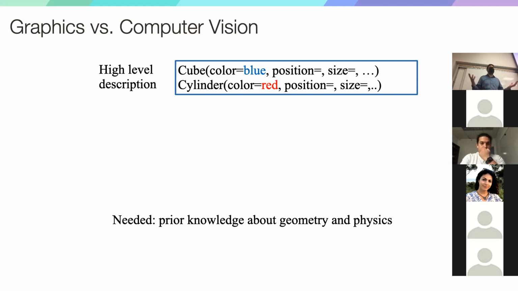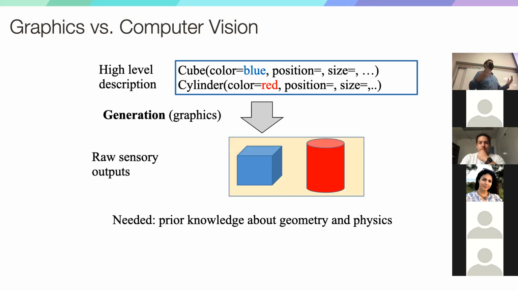So for example, you might say, I want to draw a cube, which has a blue color, should have a certain position and a certain size. Maybe I also want to draw a cylinder, which should be red and which should also be located at a certain position. And then the computer graphics engine would typically render this and would display it on your computer. So you can think of that also as a generative model, right? It generates images based on a certain high-level description.